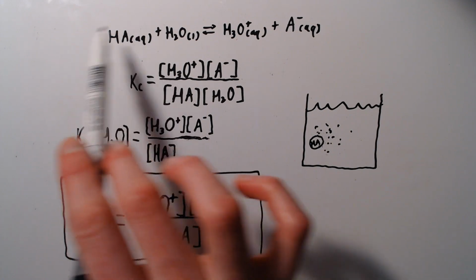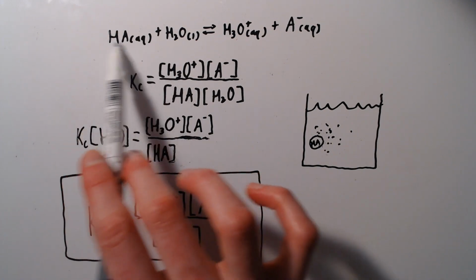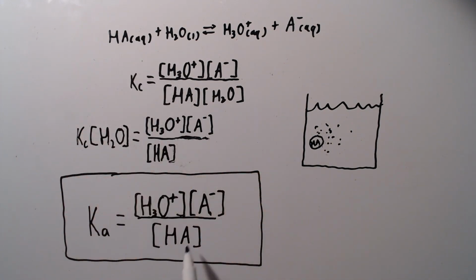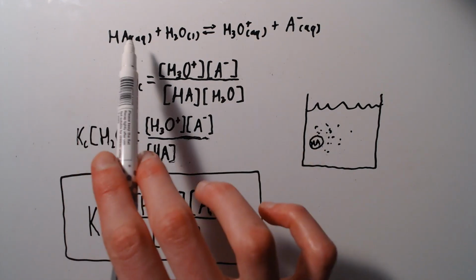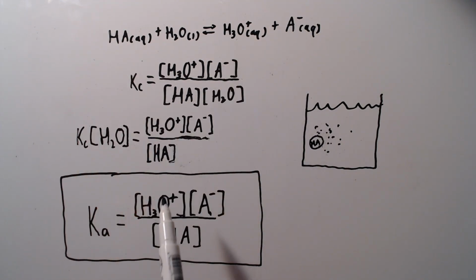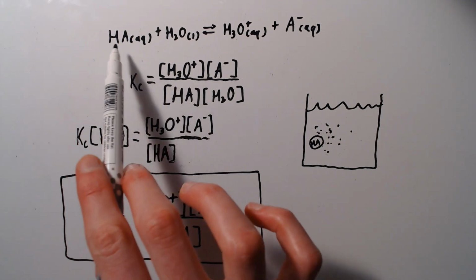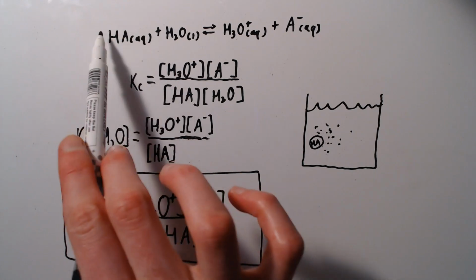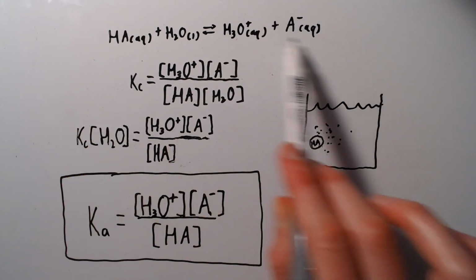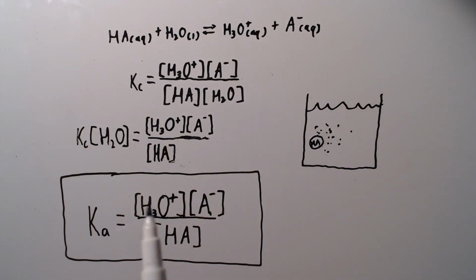And when a lot of this actually dissociates, very little of it remains. So this denominator decreases and this numerator increases. So the Ka really increases for a strong acid because it dissociates so much. And if the acid dissociates very little, so most of this remains and very little of these are actually produced, then most of the acid remains.